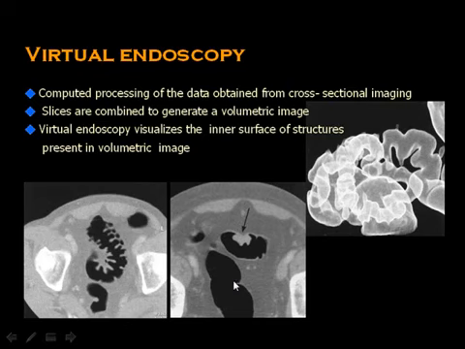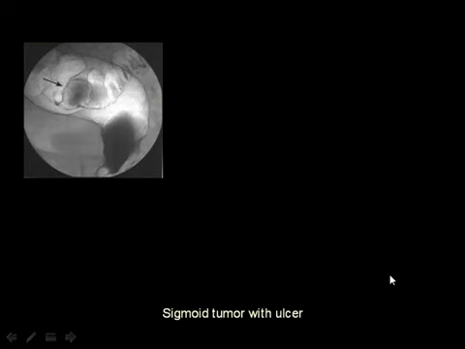Then you order the machine to reconstruct the colon in this way, and you see the colonic loops in a way similar to that obtained in a barium enema, so that you have a map to go through. Then you push a button in the machine, known as the virtual camera, which will be like this arrow, and you can go inside the loops and see what's inside. I will show you some of this just now.